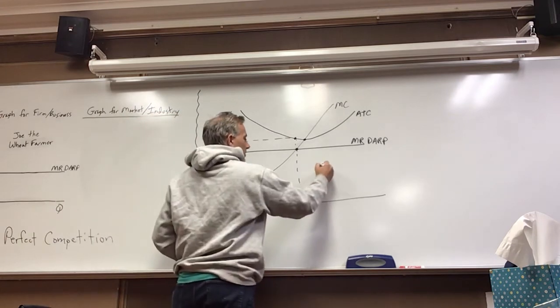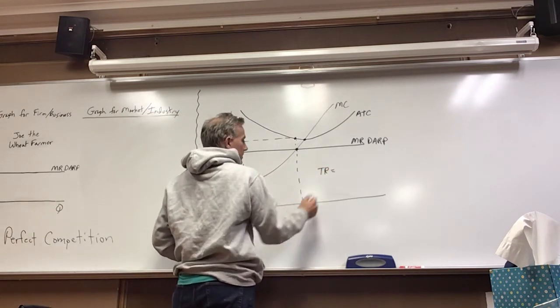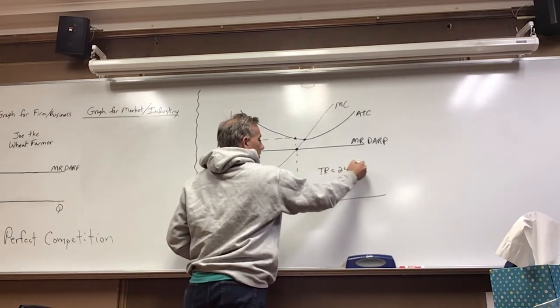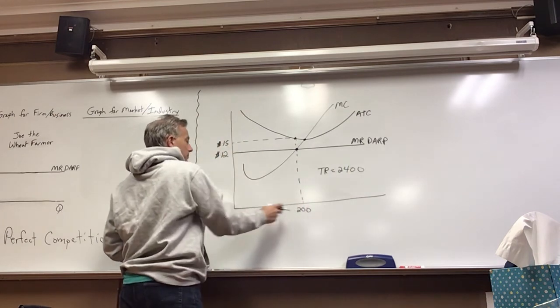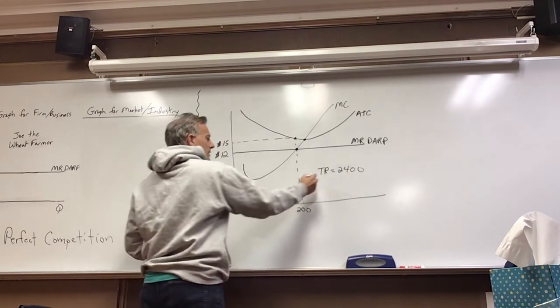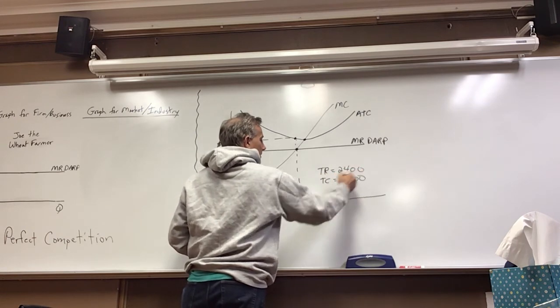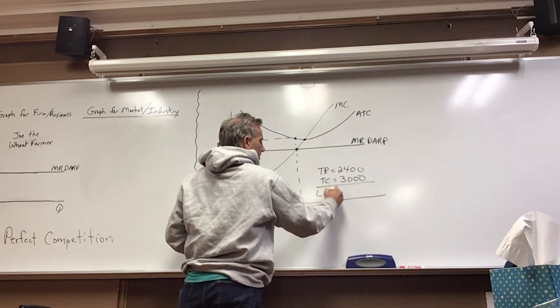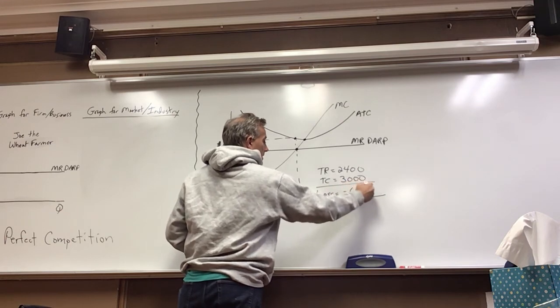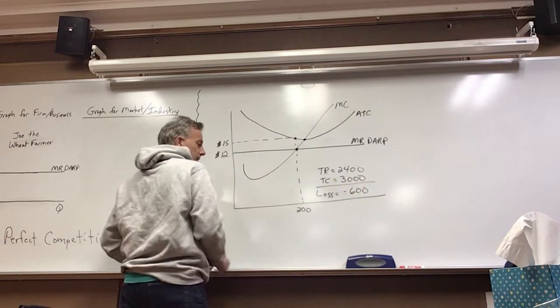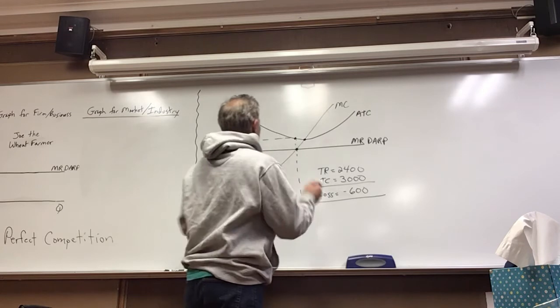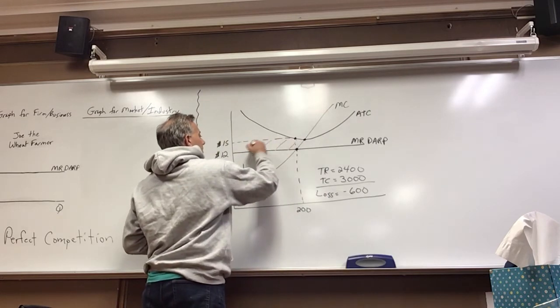My total revenue equals 12 times 200 or 2,400. The bad news is my total cost is 15 times 200 or 3,000, which gives me a loss of $600, represented by this rectangle here.